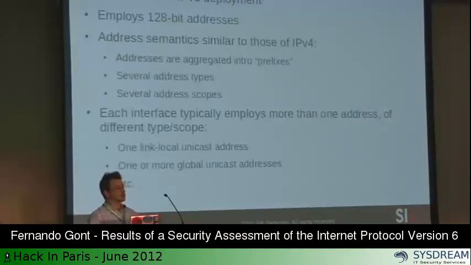So it's not unusual, for example, to see that for a network interface card you may have one link-local address, a couple of global addresses, and so on. But that's it when it comes to the similarities and differences between the two protocols.